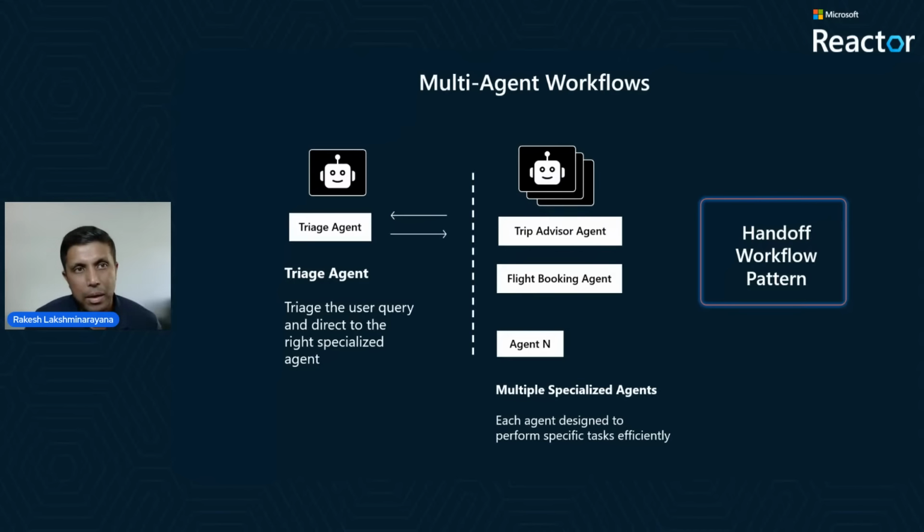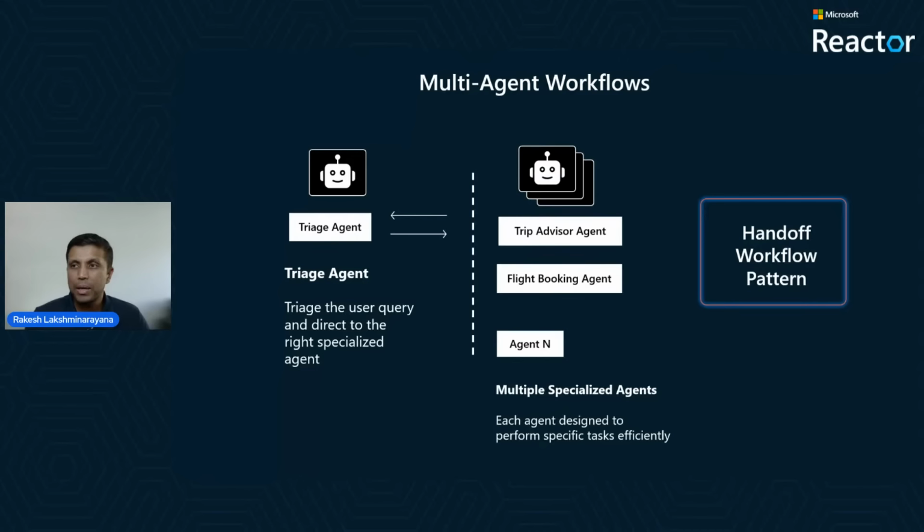Okay, so in our current travel assistant, we have a single agent that handles all the responsibilities, right? It provides travel recommendations and also handles the flight bookings. And the quality of the response can start to degrade when the model has too much context or is doing too many things.